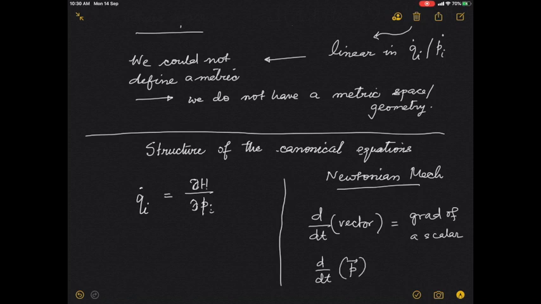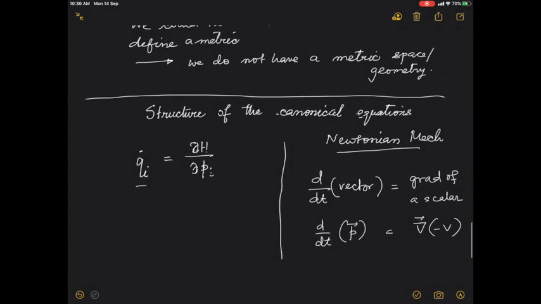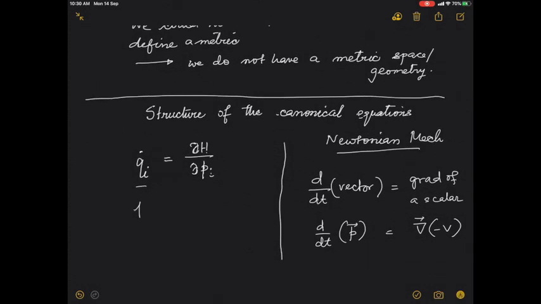Like Newton's second law, d/dt of p is gradient of minus V. V is a scalar, p is a vector. So I have almost a similar thing here: d/dt of q is gradient of a scalar which is h. But if I come to the second equation, there is something not so good. I get a minus sign.